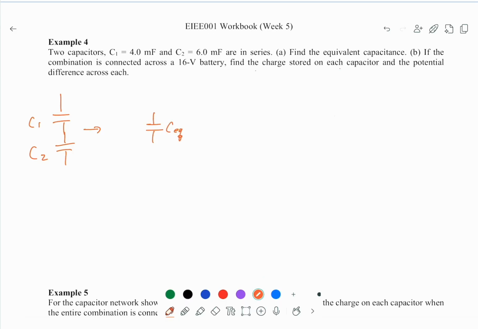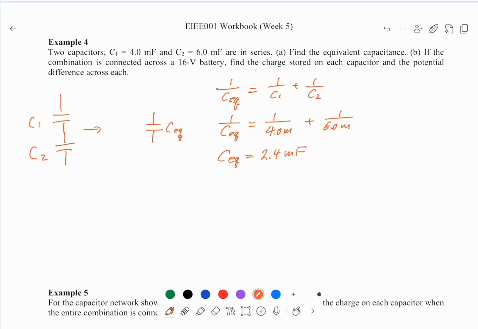We have to use the reciprocal relationship to find the equivalent capacitance. So 1 over C equivalent is 1 over 4.0 milli plus 1 over 6.0 milli. So C equivalent equals 2.4 millifarad.